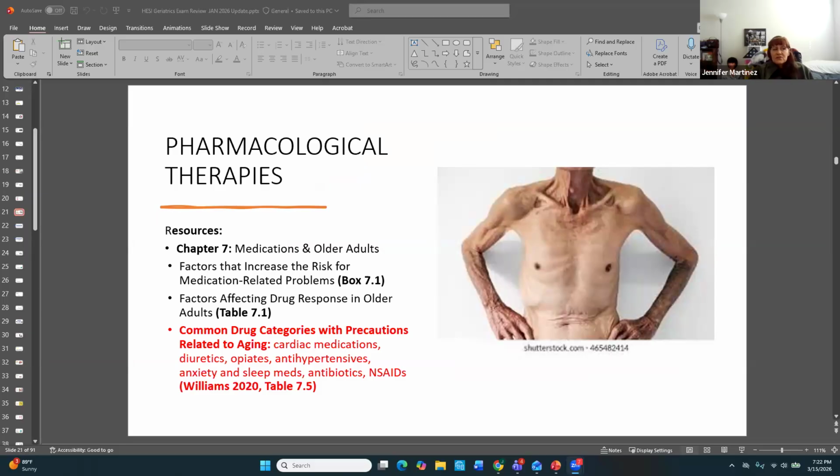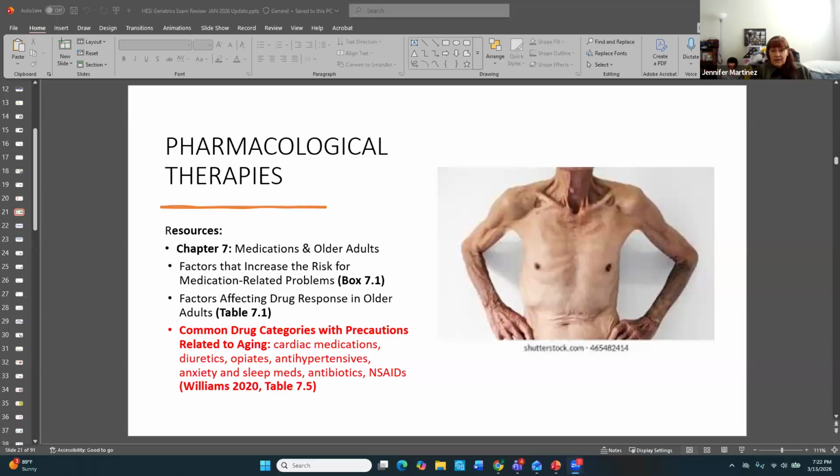Pharmacological therapies, this is chapter 7, medications in older adults. We look at factors that increase the risk for medication-related problems. This is box 7.1. And then factors affecting drug response in your older adults. Both of these, when we look at them, factors that increase the risk for medication-related problems can be physiological.